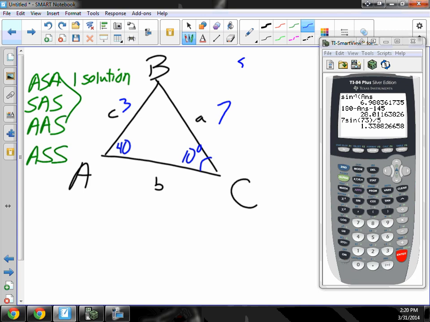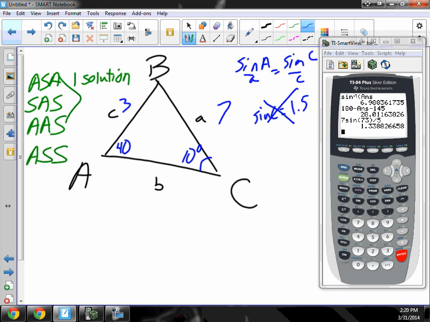If you set up sine of A over a and sine of C over c, and you get the sine of C equals a number that's bigger than 1, then angle C doesn't exist and there would be no solution. So if the sine of something is a number bigger than 1, there's no solution. Okay?